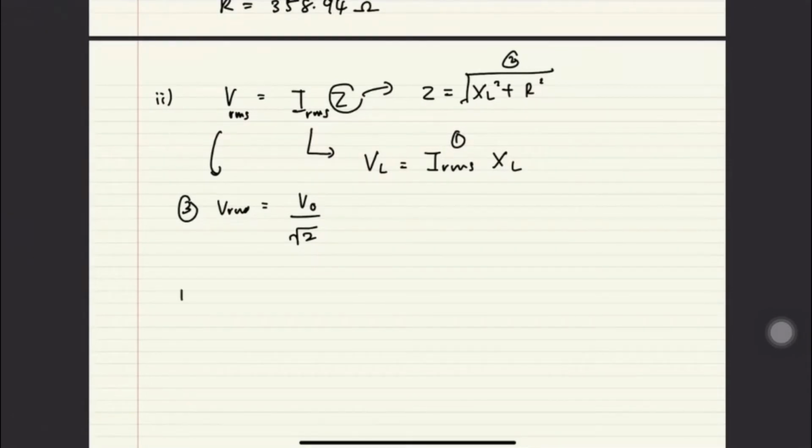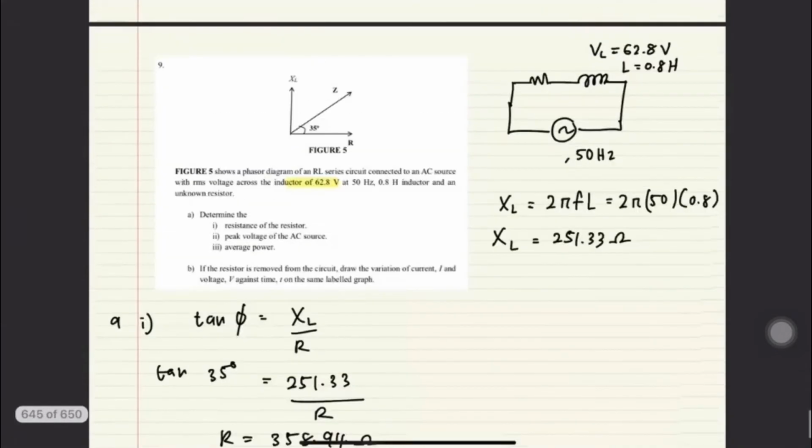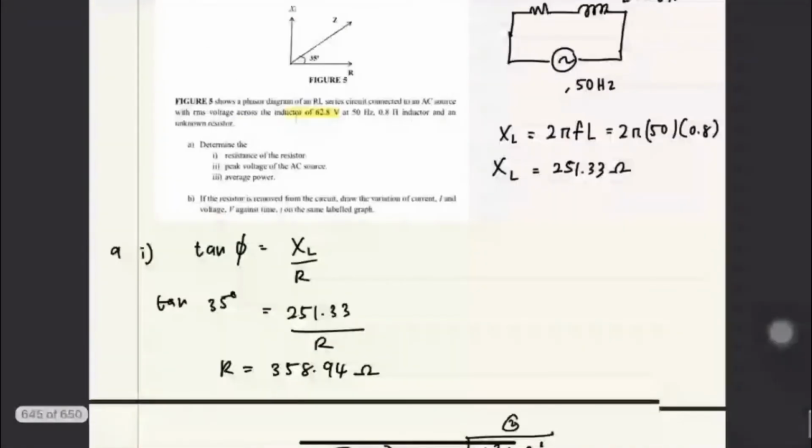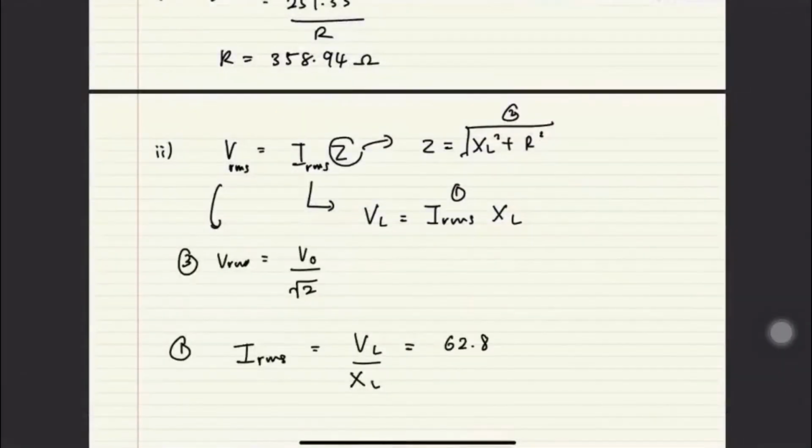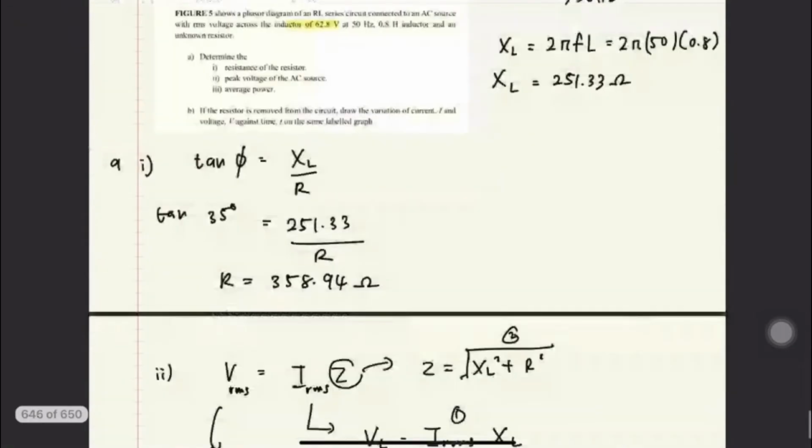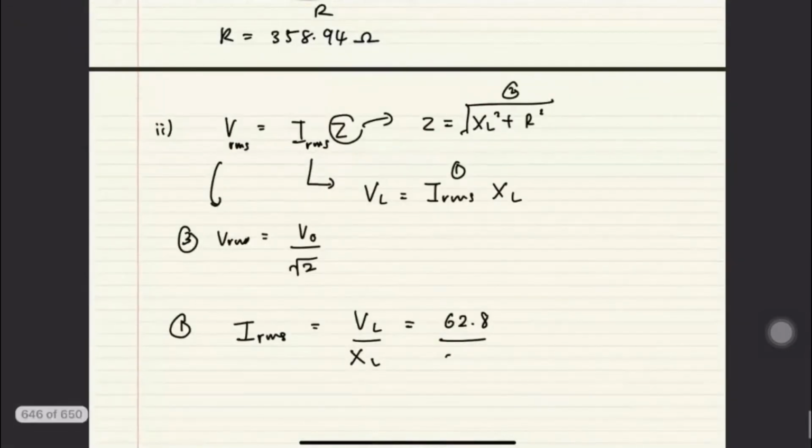So first of all, you can find IRMS first. IRMS equals VL over XL. VL is 62.8, XL is 251.33. That gives 0.249, about 0.25. This is in amperes because this is current.